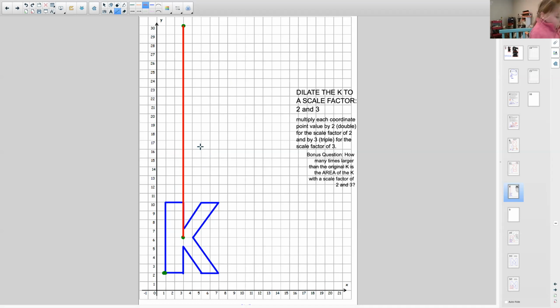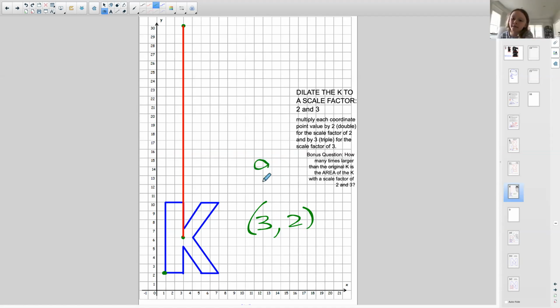Okay, now, guys, everybody look at point 3, 2. That's my whole ruler. Who can tell me what happens when we triple it? Everybody triple 3: 3, 6, 9. 9. And everybody triple 2.